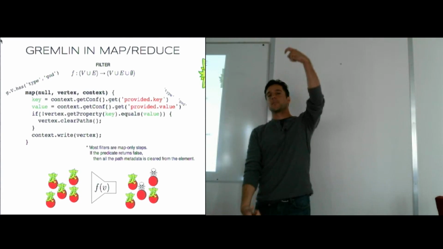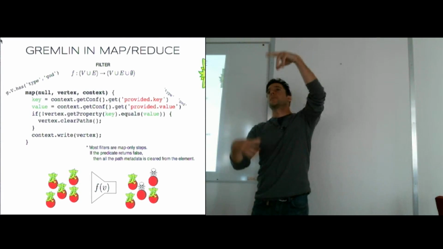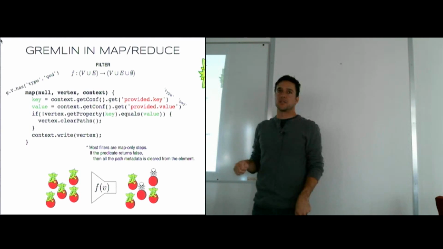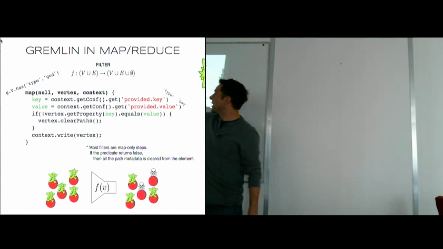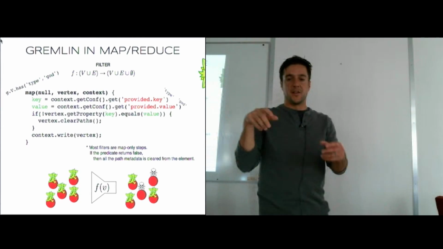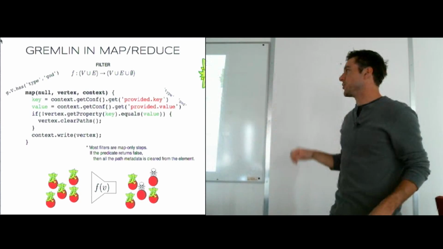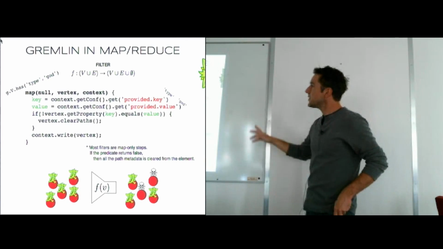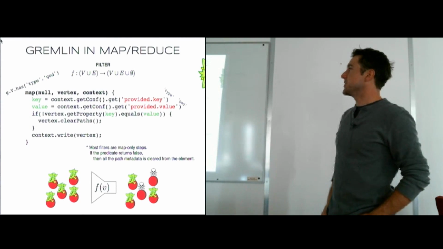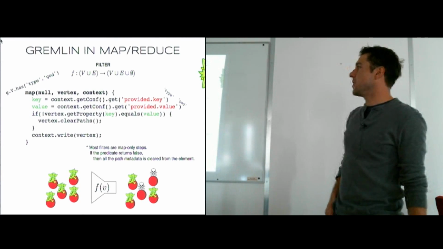In parallel, all vertices are being processed in parallel. In theory, it depends, of course, how many threads you have, what the level of parallelism is. But just think about all vertices in parallel being processed. And we have this thing called the context, which is the Hadoop machine, where you can give it information. And so what do we care about? We care about the key and the value we're going to be processing. The key is the type, and the value is God.